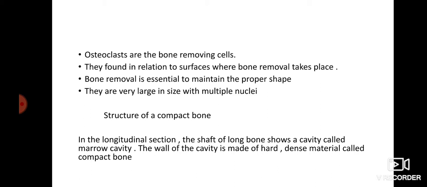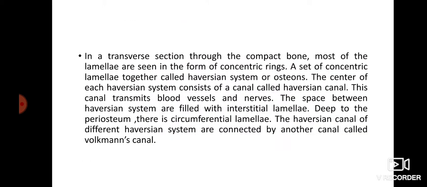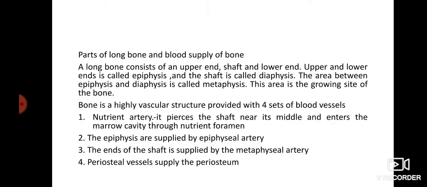Now we will see the structure of a compact bone. If you cut and open a bone longitudinally, we'll see a structure like this with a marrow cavity, which is filled with the bone marrow, and the wall of the marrow cavity is compact in nature. This is thick.